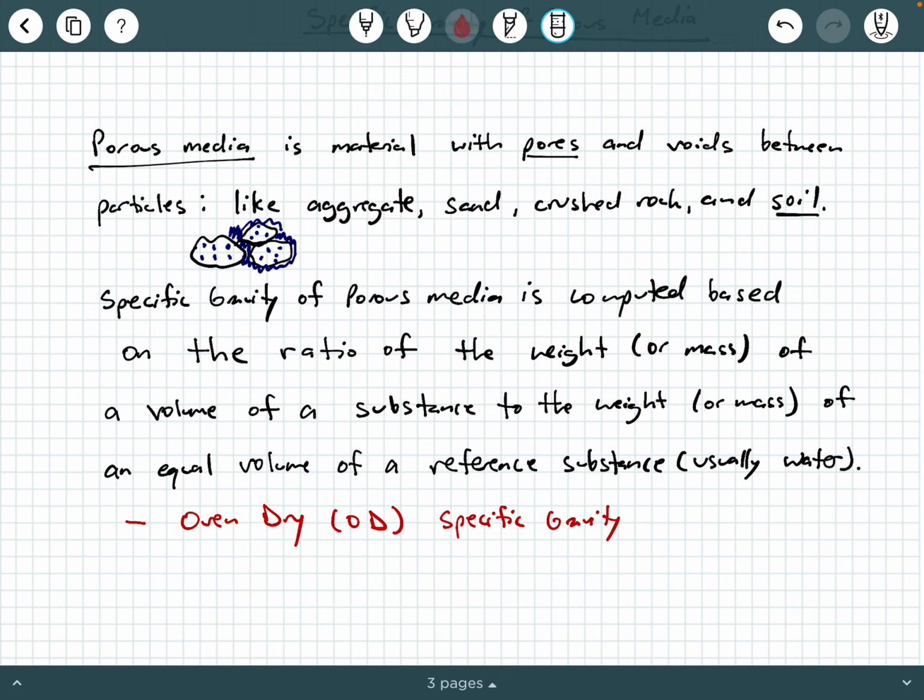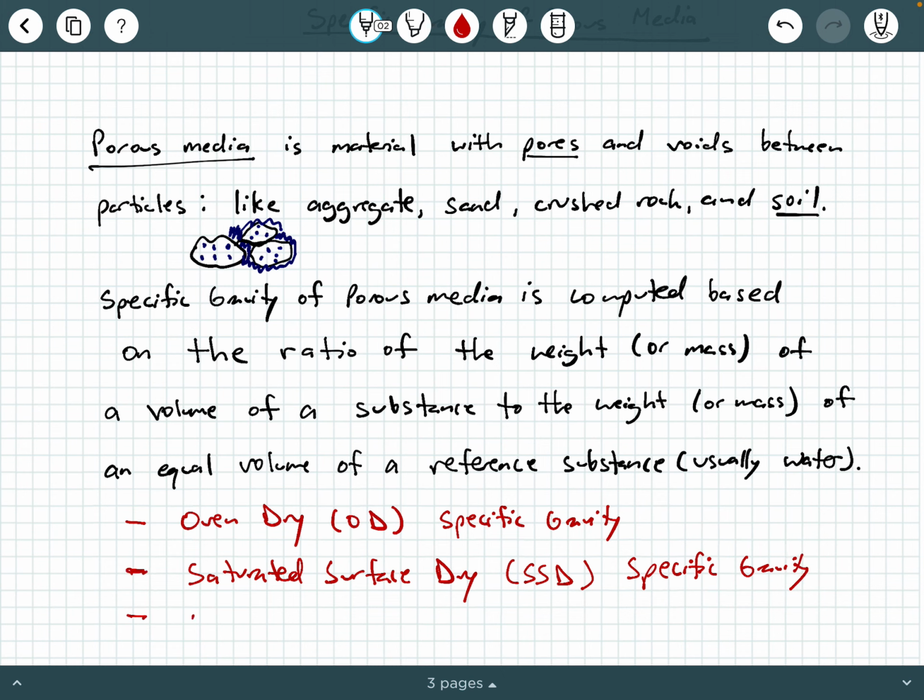We also dealt with saturated surface dry, or abbreviated SSD, specific gravity. And then we also dealt with apparent specific gravity. So we saw three different versions of this in your previous course in construction materials.